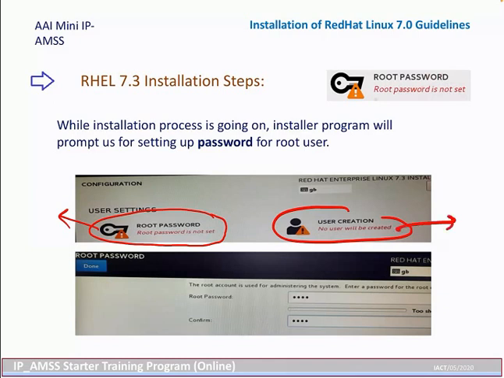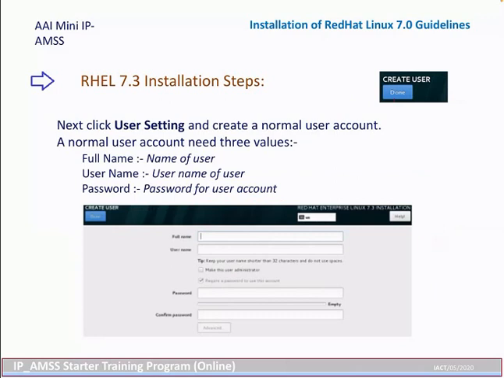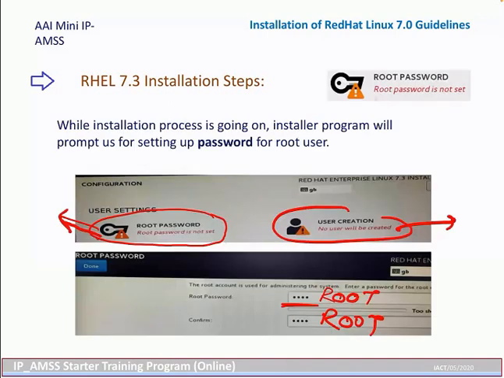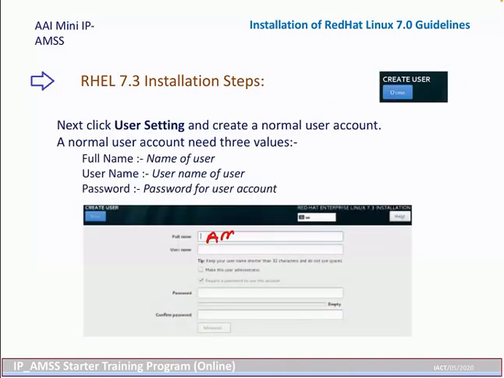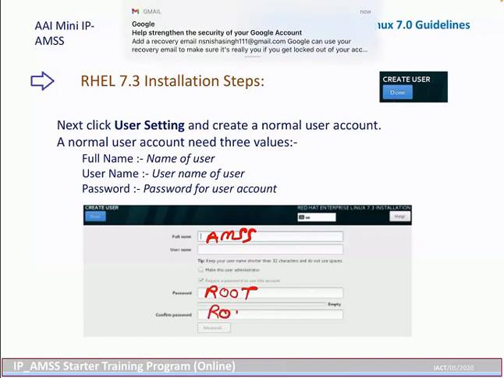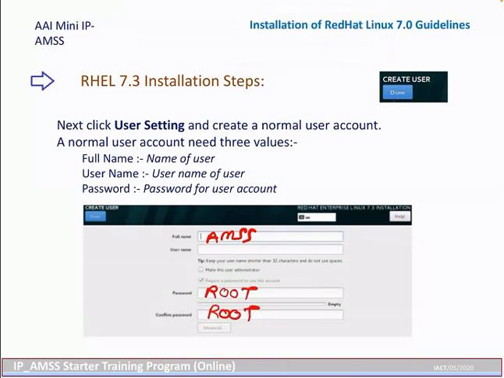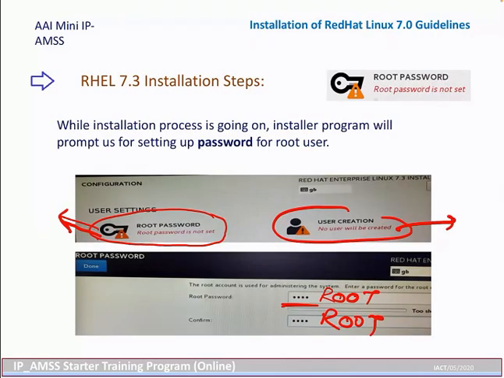Select root password and enter root. This is the default password that we are using for our system. Under user creation, you write the name of the user, suppose AMSS, and the password root, and then select done. So you have set the root password and you have also created a user.